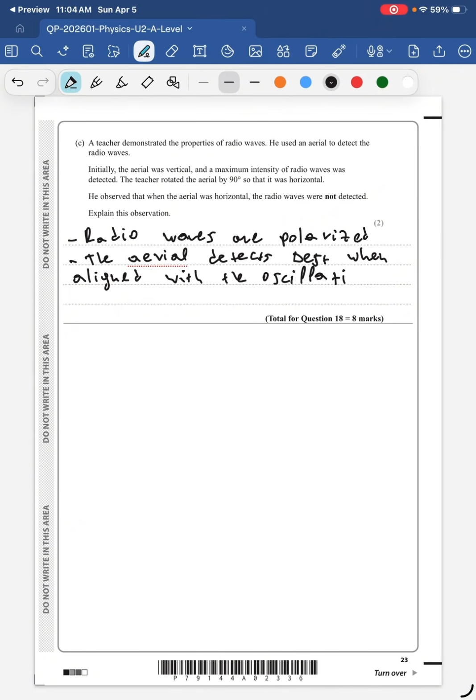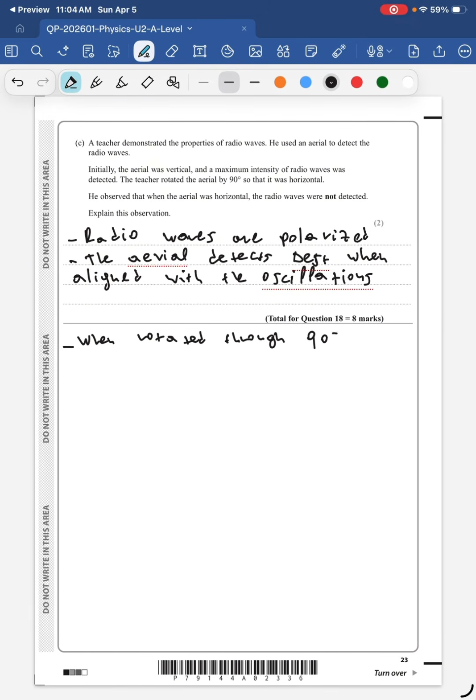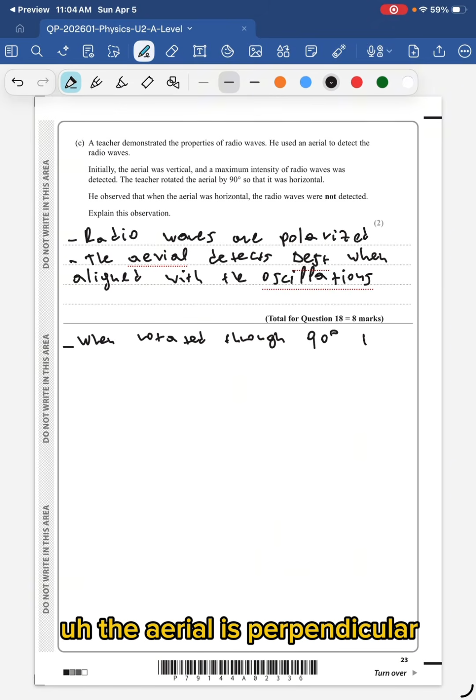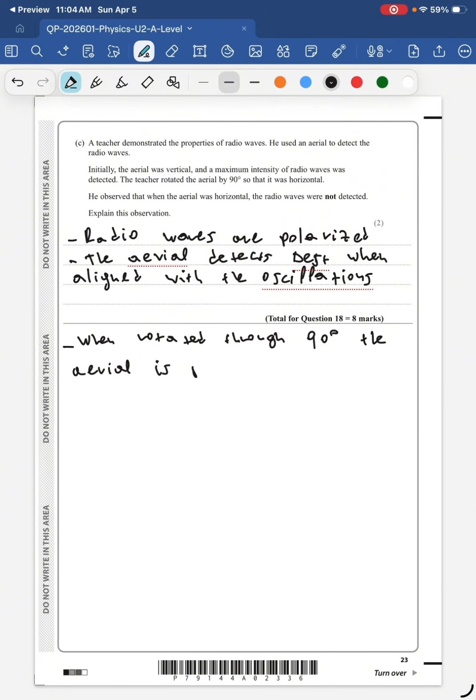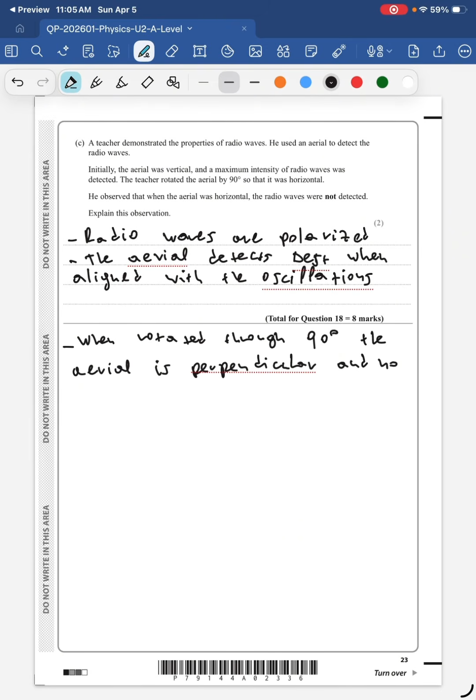Okay. And when rotated through 90 degrees, the aerial is perpendicular and nothing is detected.